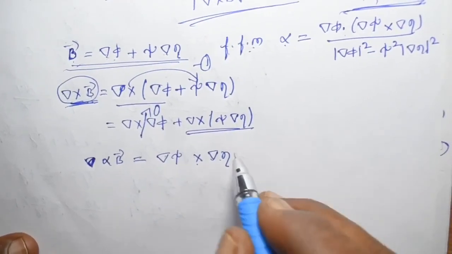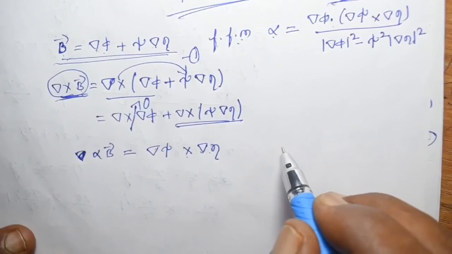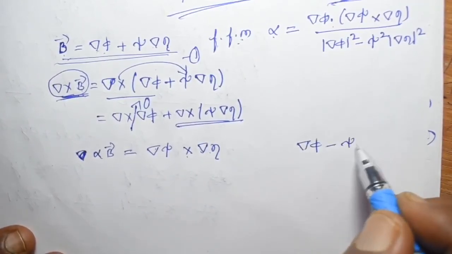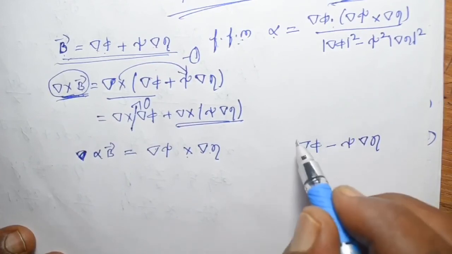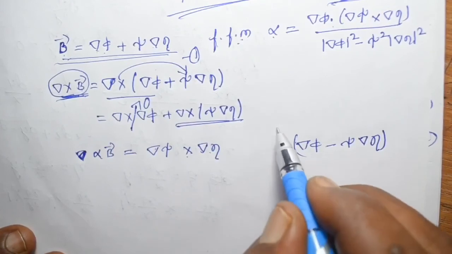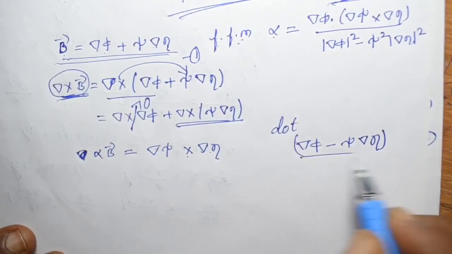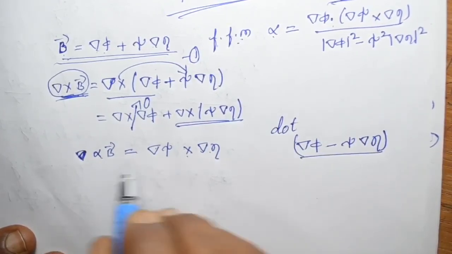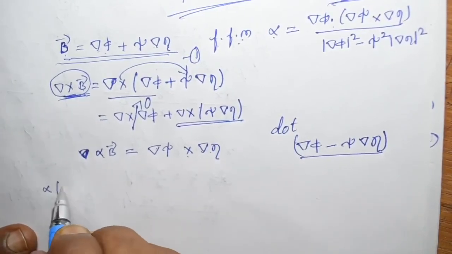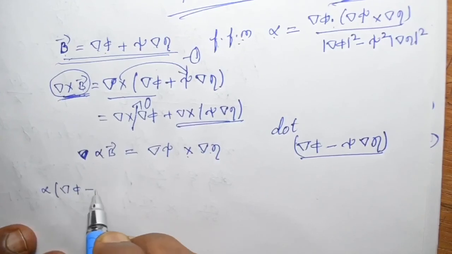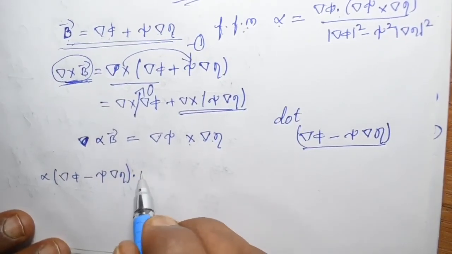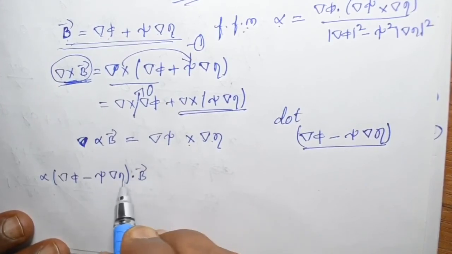Now by taking the dot product of the term gradient of phi minus chi into gradient of eta on both sides of this equation, you are going to get alpha is constant, so gradient of phi minus chi into gradient of eta dot B, because you are taking the dot product.